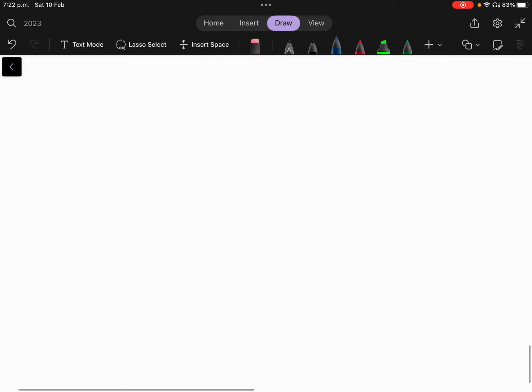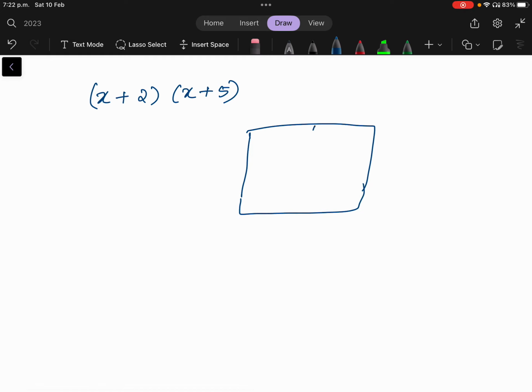The second method is, if you need to do x plus 2 times x plus 5, you draw a box. This is called box method, and you write this one here. Okay, so what you will do, you will write x plus 2, and then here you write x plus 5.